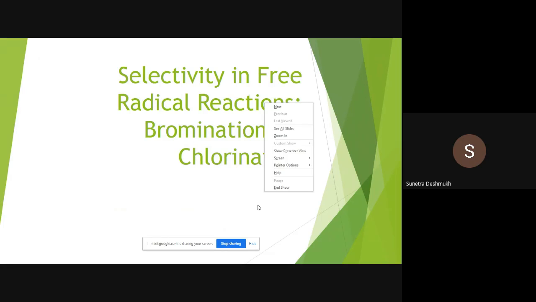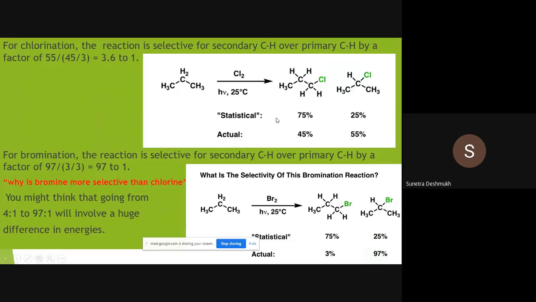Whenever we are carrying out the bromination of allylic and benzylic methyl groups, that means homolytic cleavage of those CH bonds and substitution by the bromine radical, we have to use N-bromosuccinimide for the selective bromination of the benzylic and allylic radical.